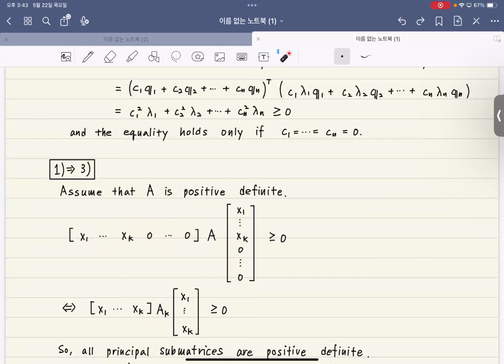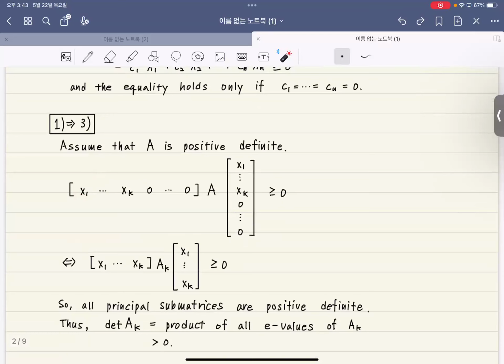And again, we are assuming that A is positive definite, so this number must be non-negative, right? But multiplying this times this is the same as multiplying this k-dimensional vector by the k-th principal submatrix Ak times the same vector, right? And this is also non-negative.